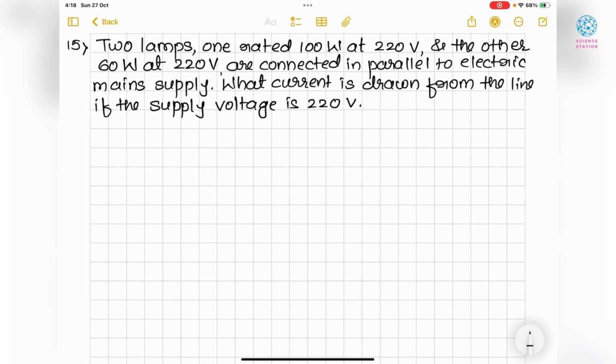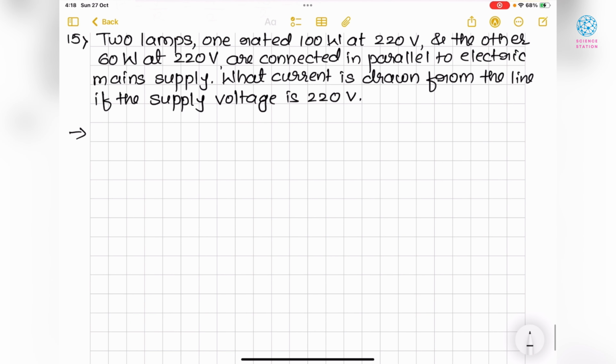Now next question says two lamps, one rated 100 watt at 220 volt and the other 60 watt at 220 volt are connected in parallel to the main supply. What current is drawn from the line if the supply voltage is 220 volt? So here L1, P equal to 100 watt and V equal to 220 volt.